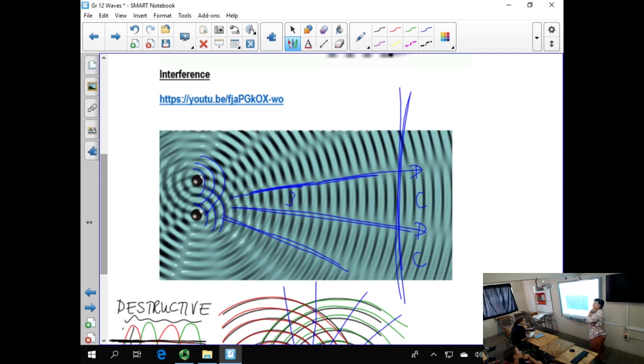What does this mean in terms of light? So what would constructive interference of light imply? Brighter. Destructive? Or no light.